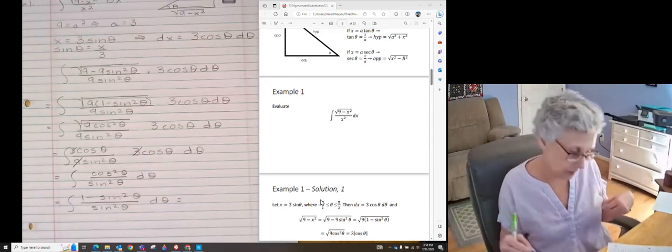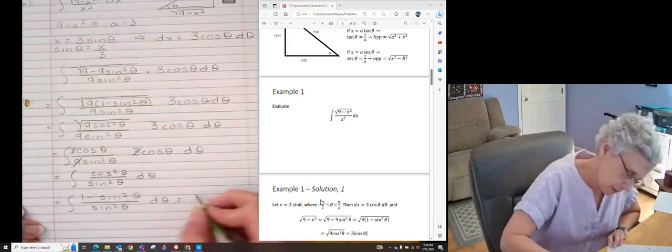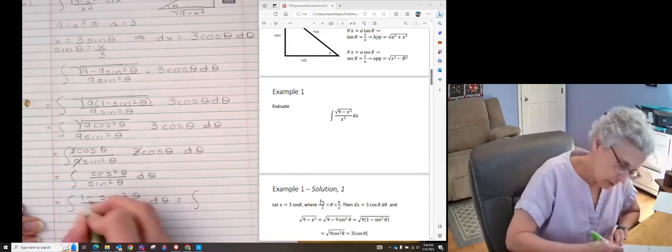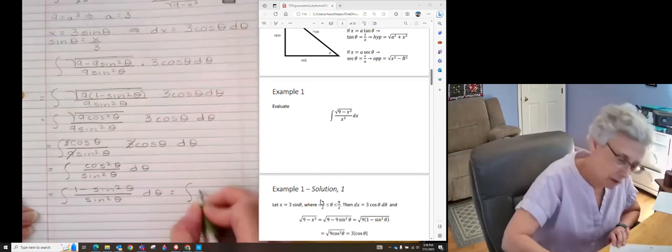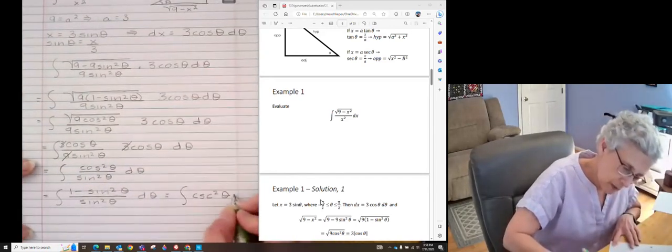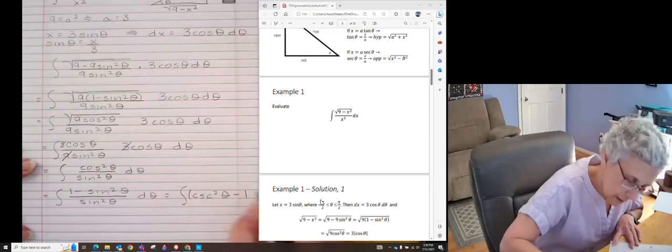That way I can divide it into two pieces. I could have rewritten the denominator, but I don't think it would have helped as much. So now I have the integral of 1 over sine squared, which is cosecant squared of theta, minus sine squared over sine squared, which is 1.